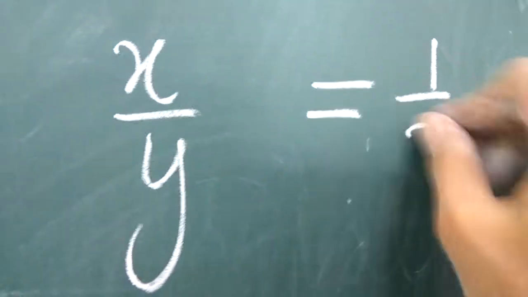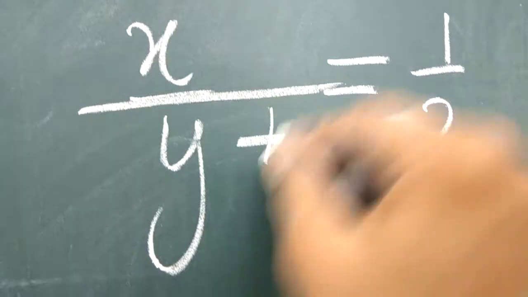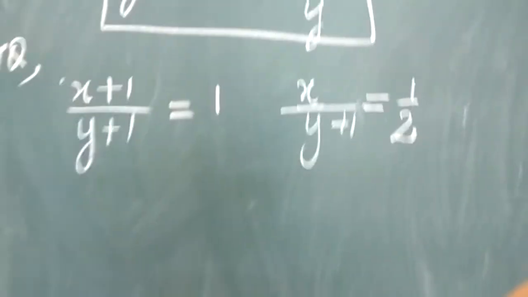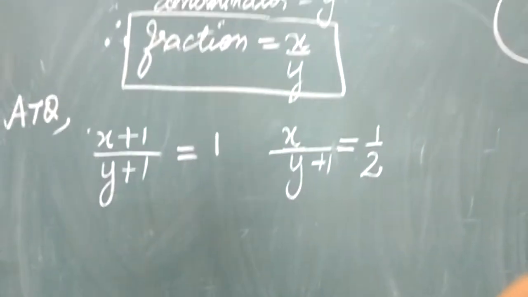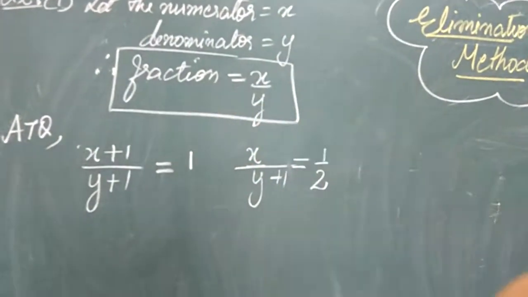The fraction becomes equal to 1 by 2. If we only add 1 to the denominator, means there will be no change in the numerator. Then find the fraction. So after getting the value of x and y, we can get the fraction.